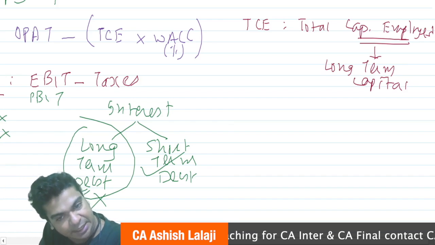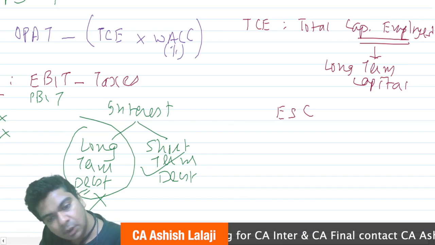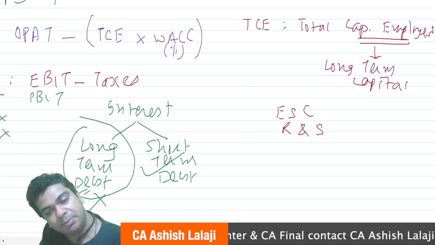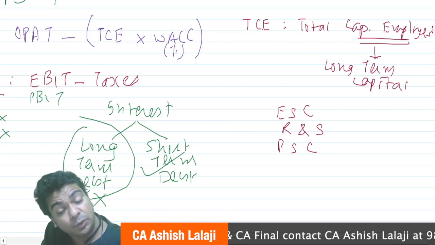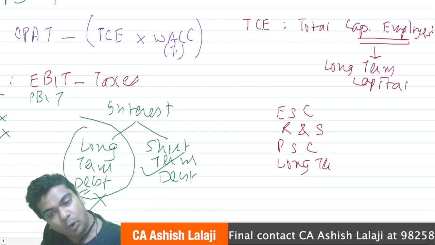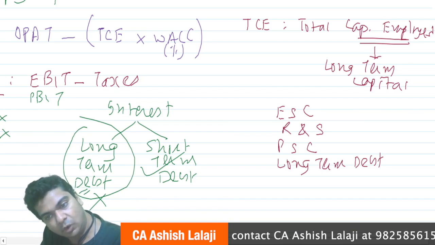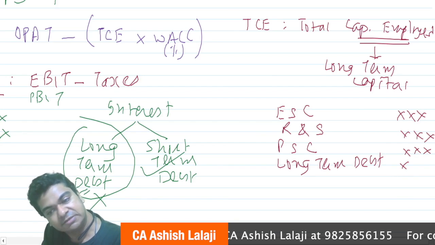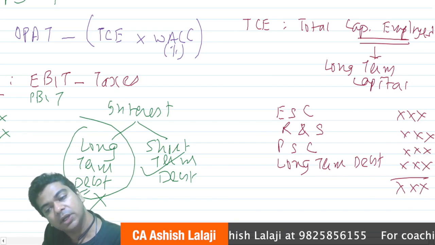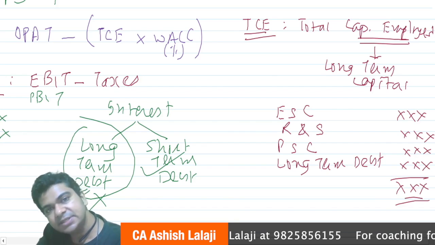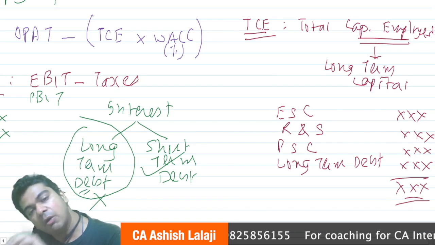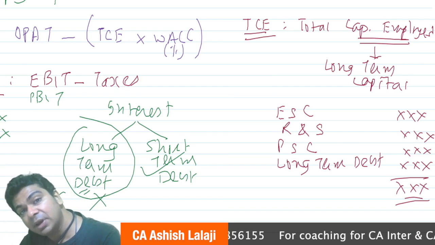So you will take equity share capital, reserves and surplus, preference share capital, and also long-term debt. From the balance sheet, you take these figures and take a total. That will give you the TCE, the total capital employed.